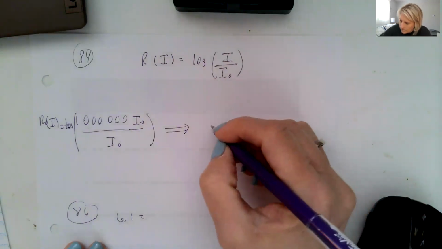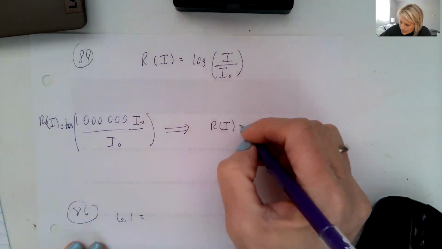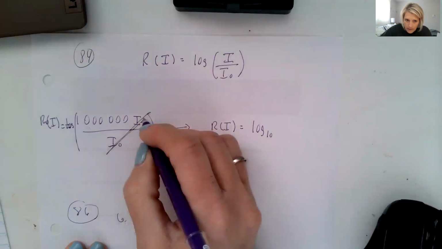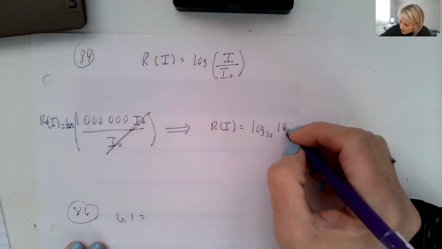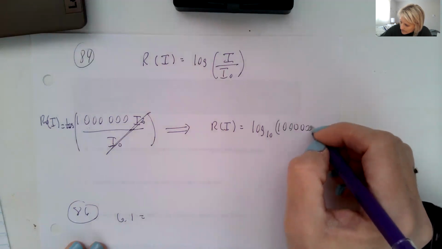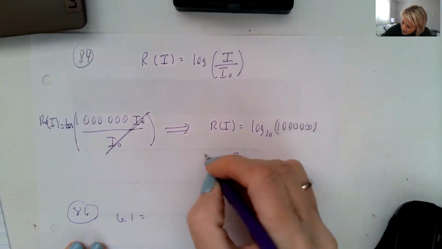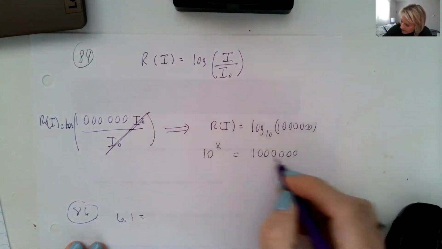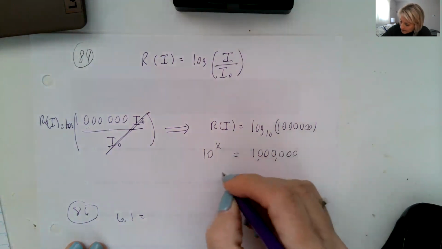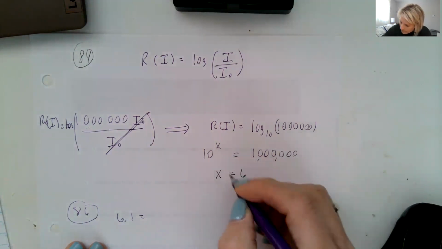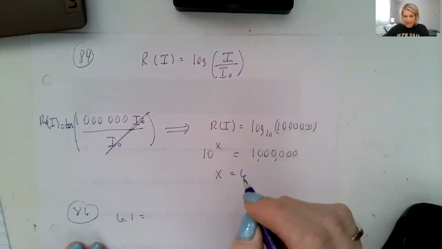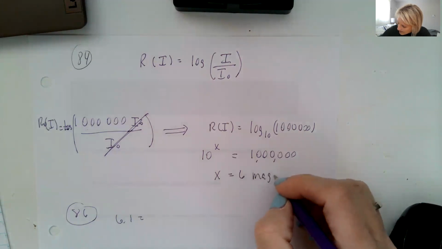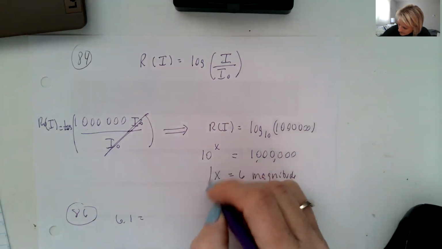So that means the magnitude is equal to the log base 10. The I0s cancel. So it's log base 10 of 1,000,000. So that means 10 to what exponent will give me 1,000,000? And that is 10 to the 6. So x must equal 6. So it's a 6 on the Richter scale. Magnitude is 6.